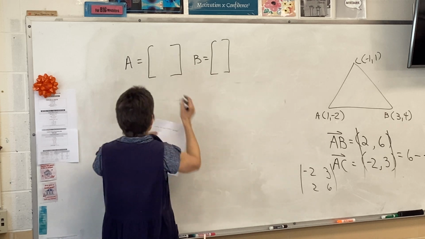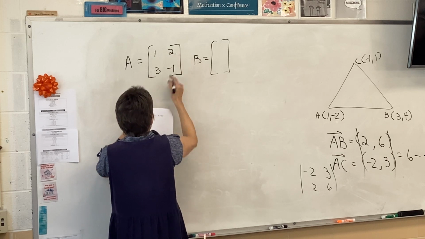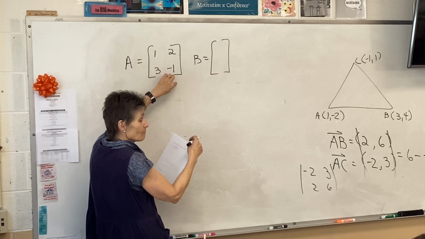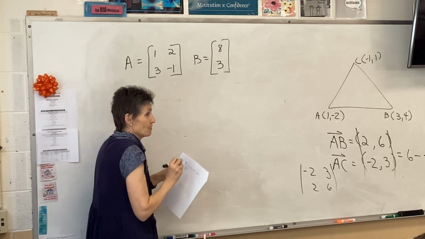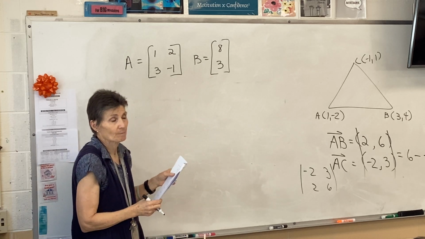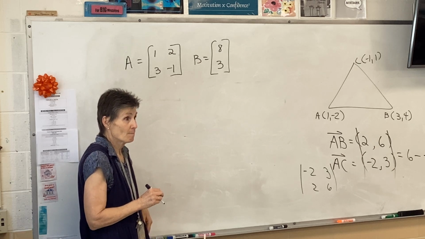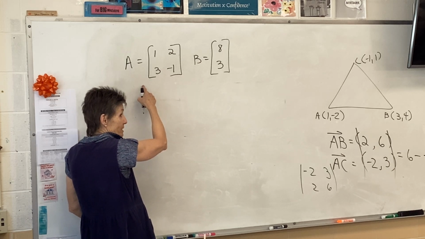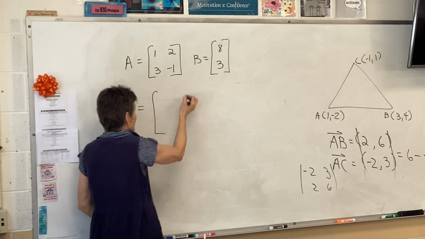We need a matrix of the coefficients. So this is 1, 2, 3, -1. And then we need a matrix of the other numbers, the equals numbers. Are you with me? Now we're going to find the inverse of this, so we're going to find A inverse.